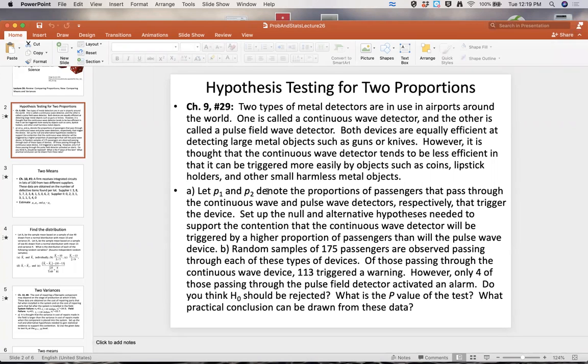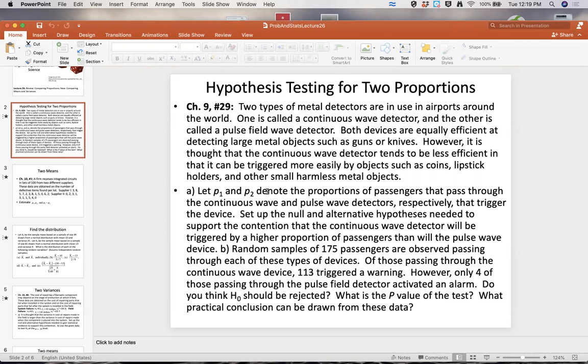If you look down to part A here, P1 and P2 are the proportions. Those are population proportions. Those are parameters. The passengers that trigger the continuous wave and pulse wave detectors. We're wondering, is the continuous wave detector triggered by a higher proportion than the pulse wave?